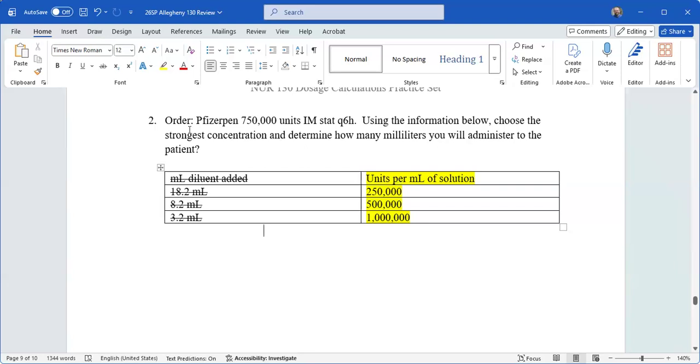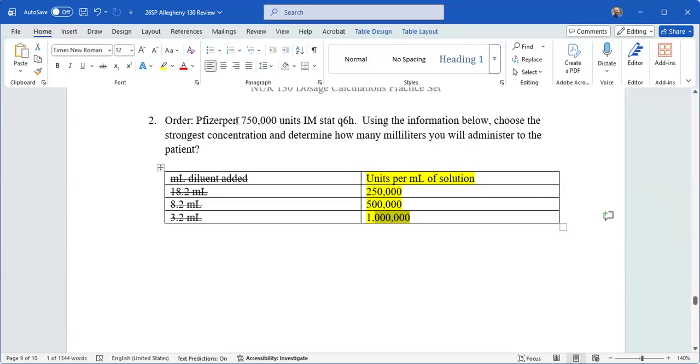Then it tells you to choose the strongest concentration, which is whatever has the most units or milligrams per ml. The most would be 1 million. So you don't even need to worry about the milliliters diluent added. You just need to focus on the concentration side of the reconstitution question.